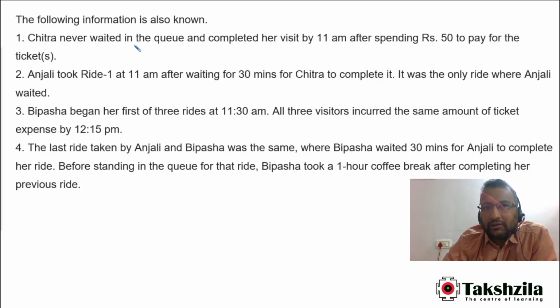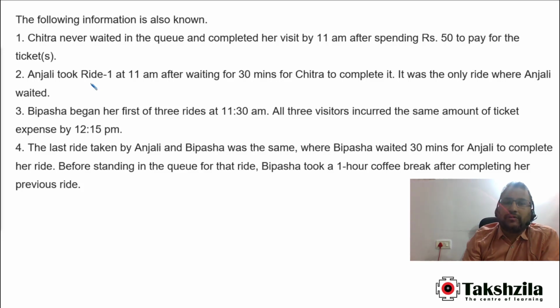Chitra never waited in the queue and completed her visit by 11 AM after spending ₹50 to pay for the tickets. Anjali took ride 1 at 11 AM after waiting for 30 minutes for Chitra to complete it. From this, what can we conclude? Anjali took ride 1 at 11 AM.